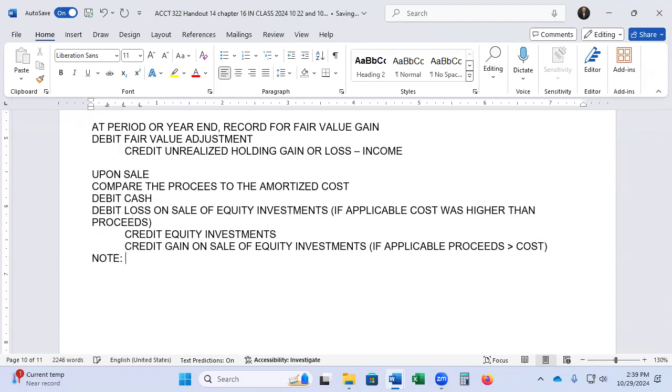We want to note here that companies do not adjust the fair value adjustment account upon sale.